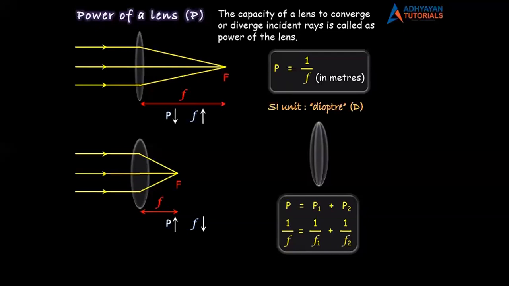Then H2 dash height of the image. And last, capital P dash power of a lens.